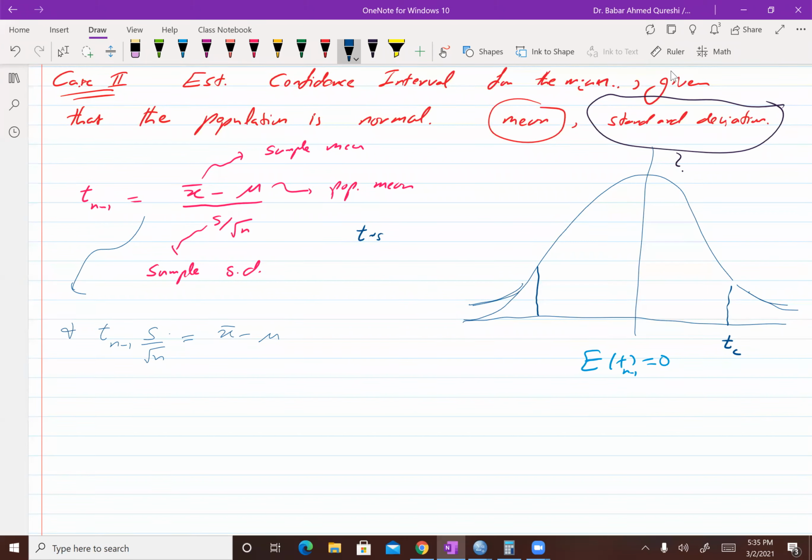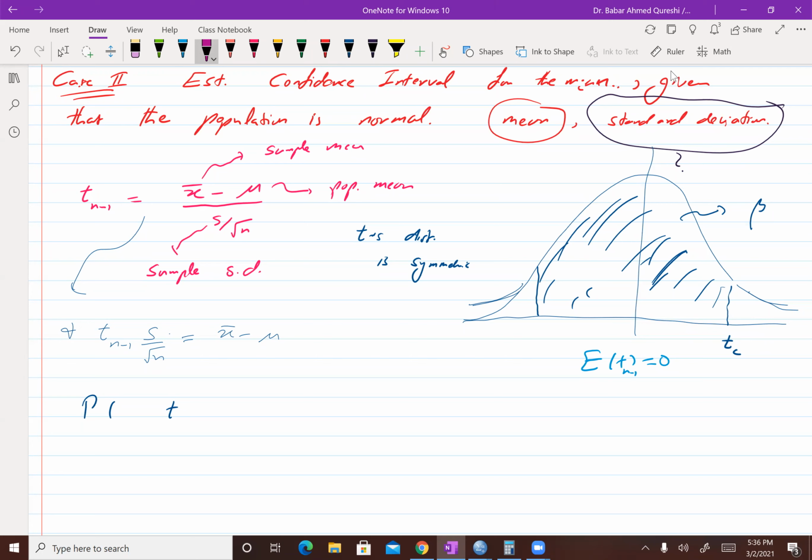T's distribution is also symmetric. So some critical value of t, so that if you compute this probability, the probability of t being within this range is equal to your specified value beta.